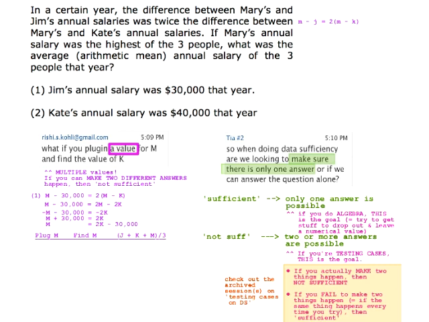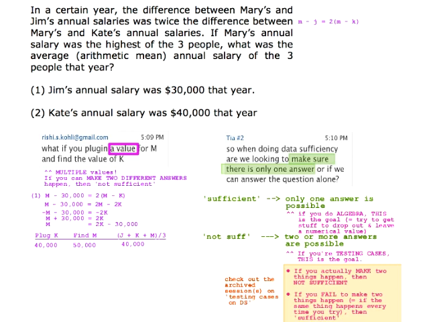Actually, in this case it would be plugging in K and finding M, because we have M in terms of K. So K is still more than J. If K is 40,000, then M is 80,000 minus 30,000, so that's 50,000, and the total is 120,000 divided by 3.